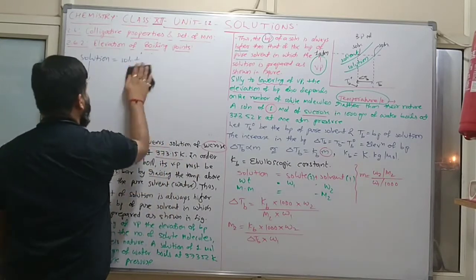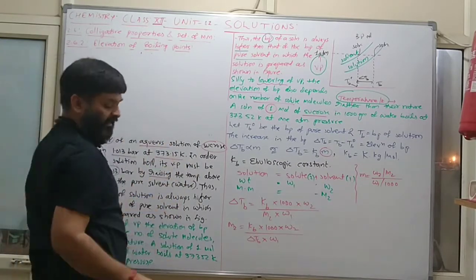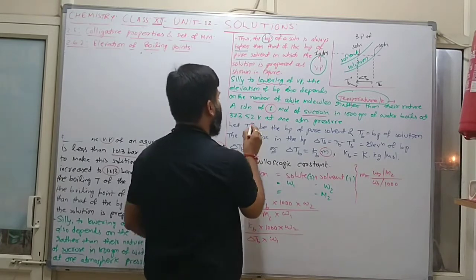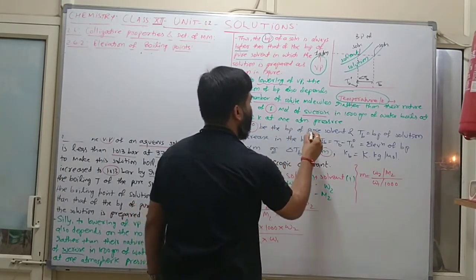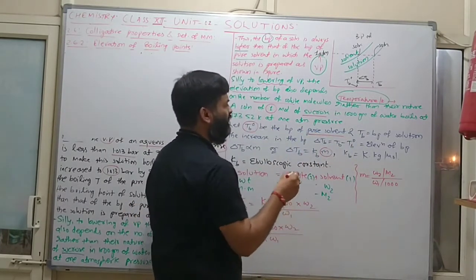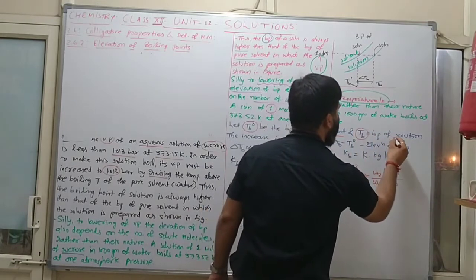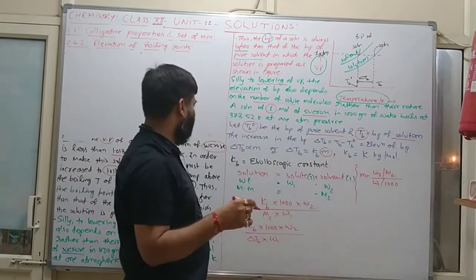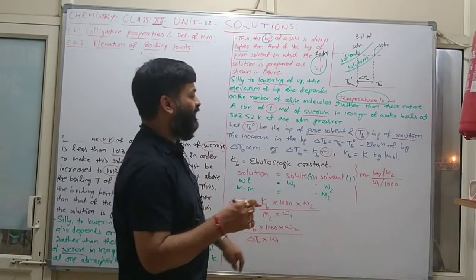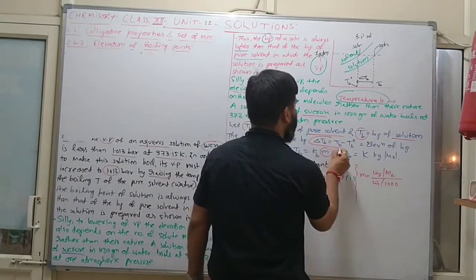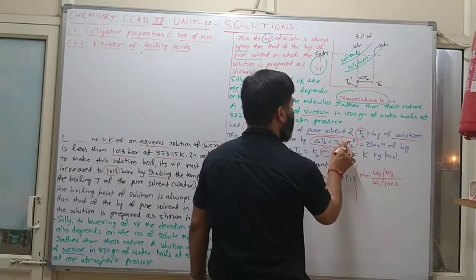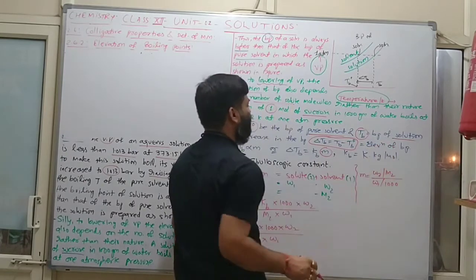So now here we can say that let TB0 be the boiling point of pure solvent and TB is equal to the boiling point of solution. The increase in boiling point, that is delta TB, is equal to TB minus TB0, the elevation of boiling point.